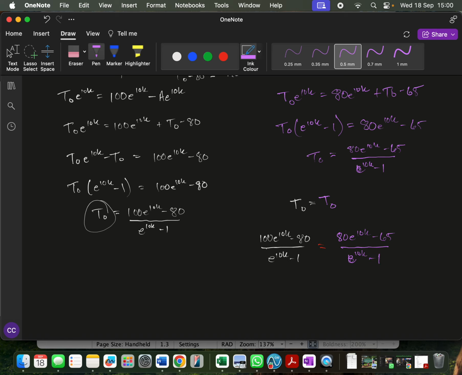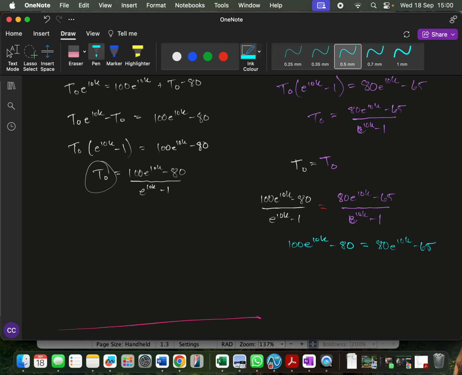Well, if those two fractions are equal to each other and they have the same denominator, that means that 100 e to the 10K minus 80 is equal to 80 e to the 10K minus 65.